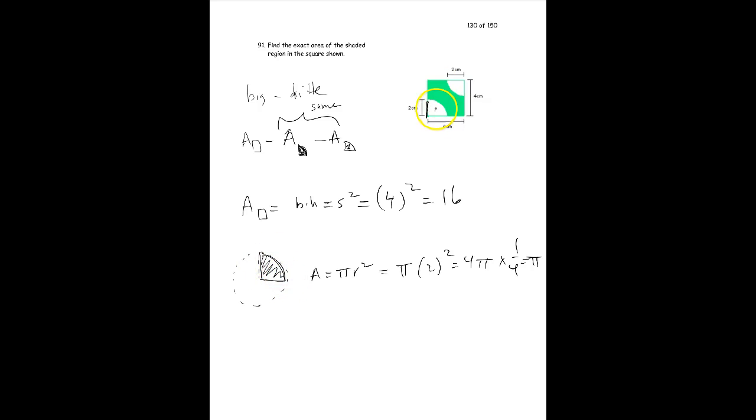So this region here is pi square units, and then we have 2 of them, so this area is 2 pi square units.